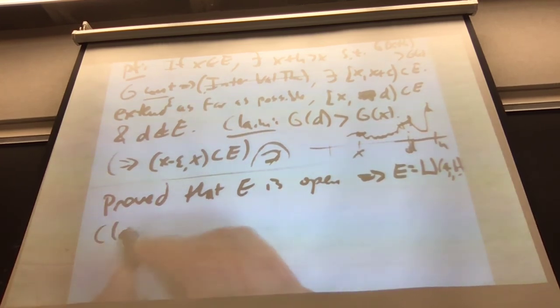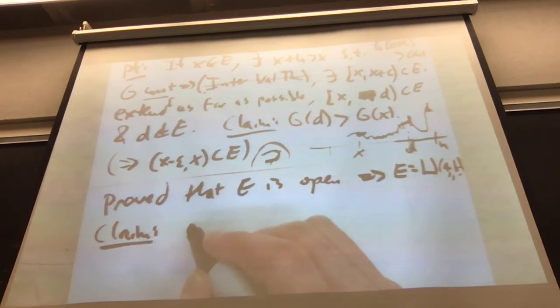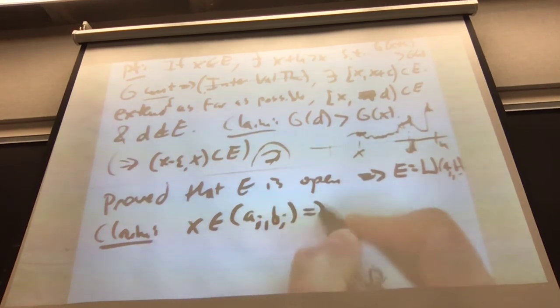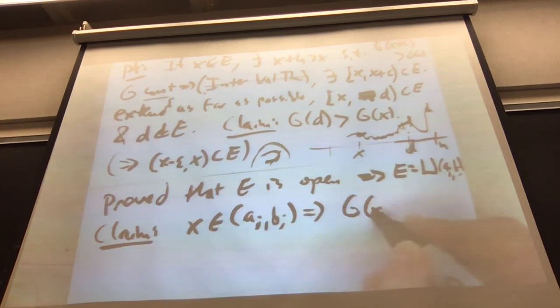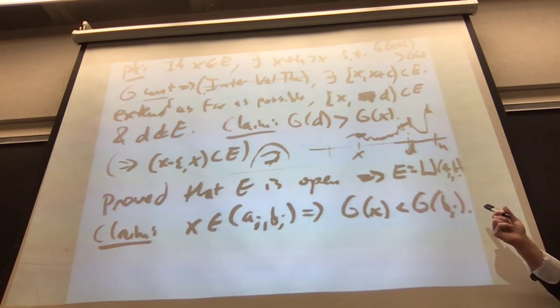The claim is that X in one of these AJ, BJs has its value strictly less than the G value. That's exactly what we just proved.